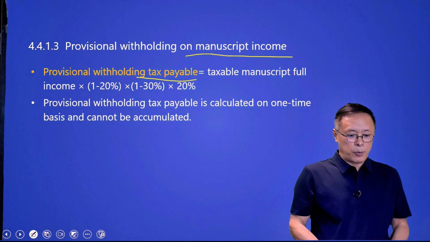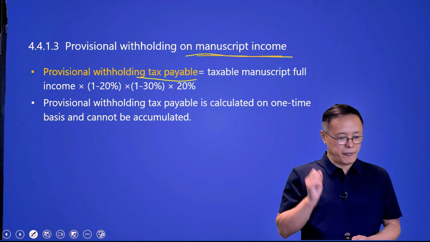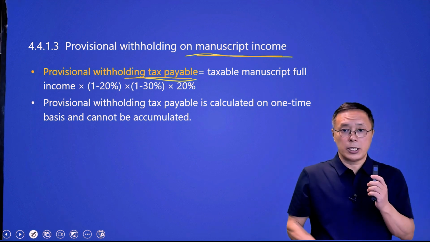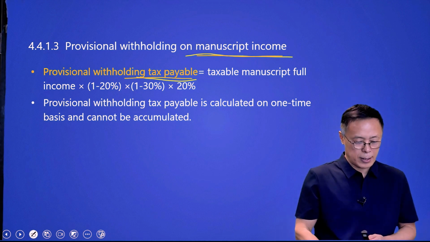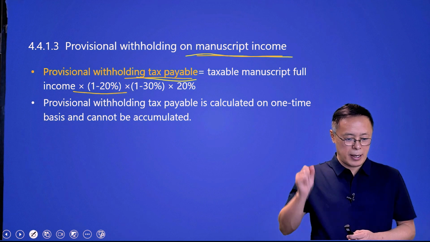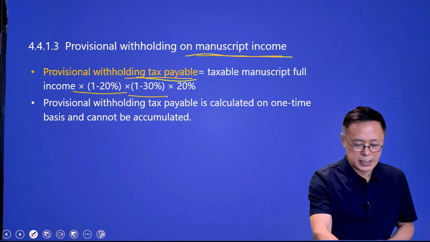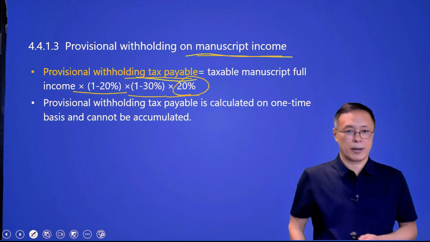Now we come to provisional withholding on manuscript income. Here is the formula. Provisional withholding tax payable equals taxable manuscript income less 20% deduction and then less 30% deduction, times the applicable tax rate 20%.